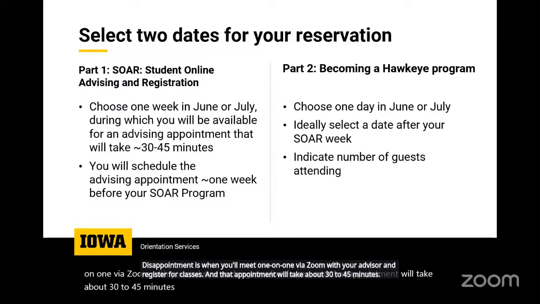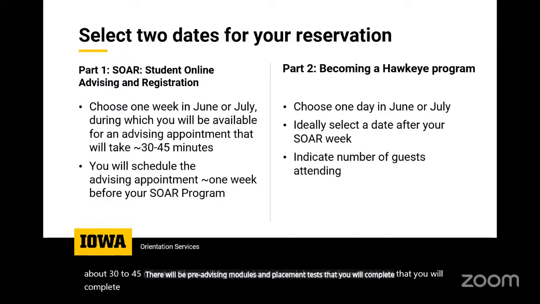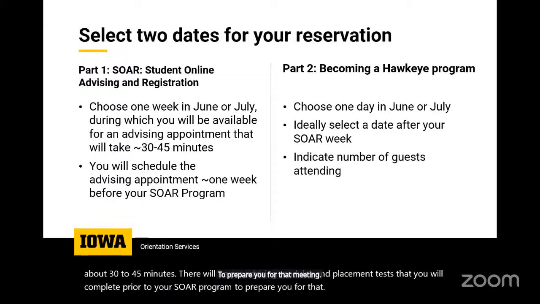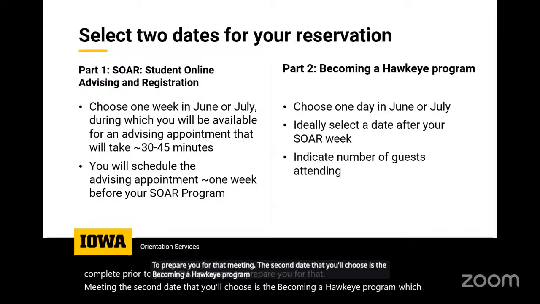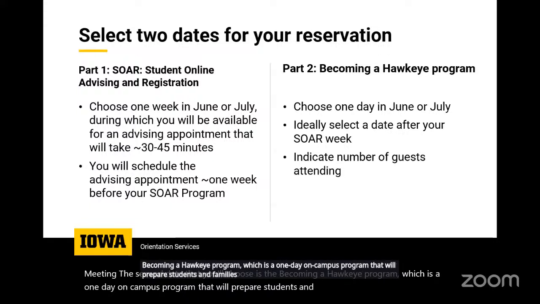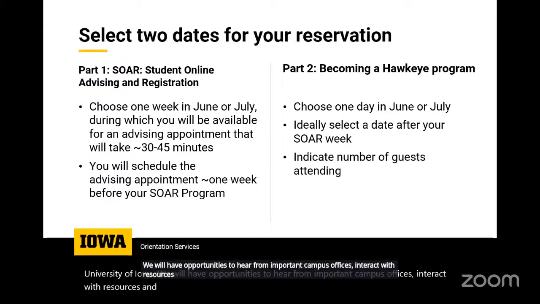There will be pre-advising modules and placement tests that you will complete prior to your SOAR program to prepare you for that meeting. The second date that you'll choose is the Becoming a Hawkeye program, which is a one-day on-campus program that will prepare students and families for the transition to the University of Iowa. We will have opportunities to hear from important campus offices, interact with resources, and meet other new students and families.